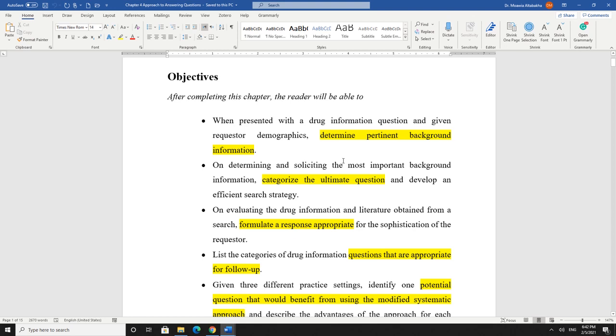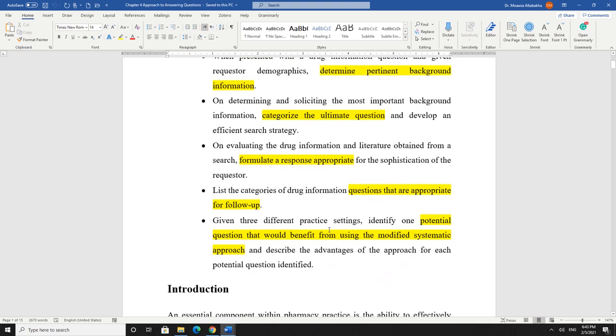Once you do the search and you evaluate the information to respond to the requester, you need to formulate this response in an appropriate way that is relevant to the sophistication of the requester. Is he a lay person or is he a physician? Different types of responses will be offered.